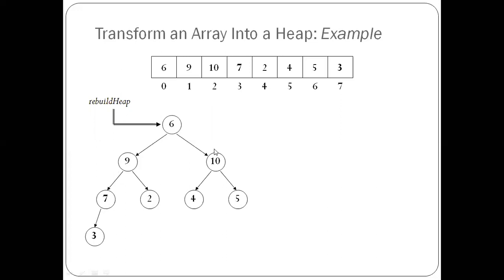Now with respect to 6, these two values will be compared, and 6 will be coming down and 10 will be going up. Again 6 will be satisfying the heap property. Now you have constructed a heap. 7, 9, 6 and 10 are satisfying the heap property, and the tree is a complete binary tree. So this is a heap.